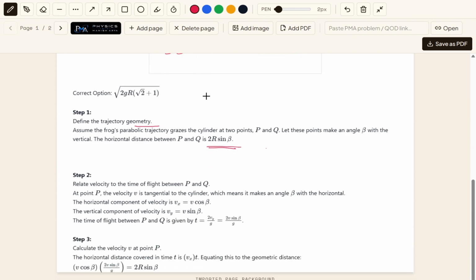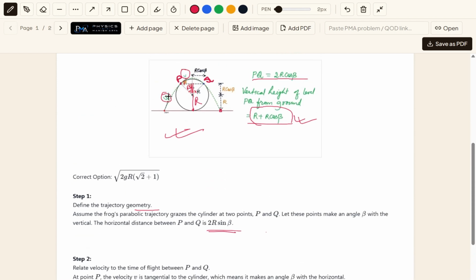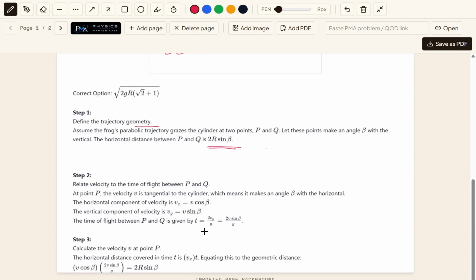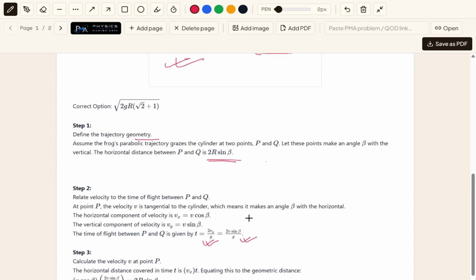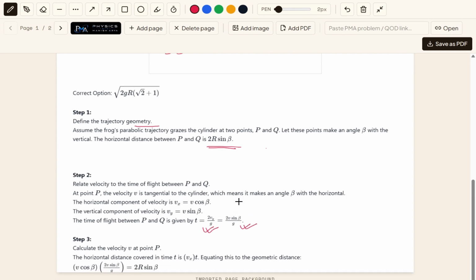You can think of the time of flight, right? Here, this is your V cos beta in this direction and V sine beta in the vertical direction. And from P to Q, what is the time taken? We know it is 2Vy upon G, the vertical component by G. So this is 2V sine beta by G, right? So this is your step number 2.